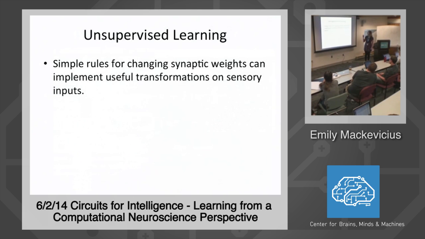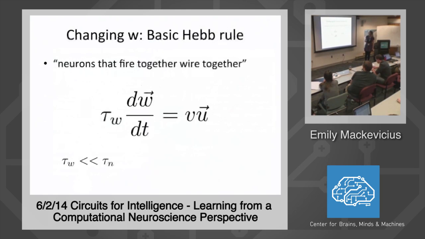So here, your output times your input, if they're both high, if they fire together, then the weight will increase. And the weight changes slower than the neuron changes. Again, we are talking about steady state, but if you have an input, that'll excite your neuron much faster than the weights will actually change.